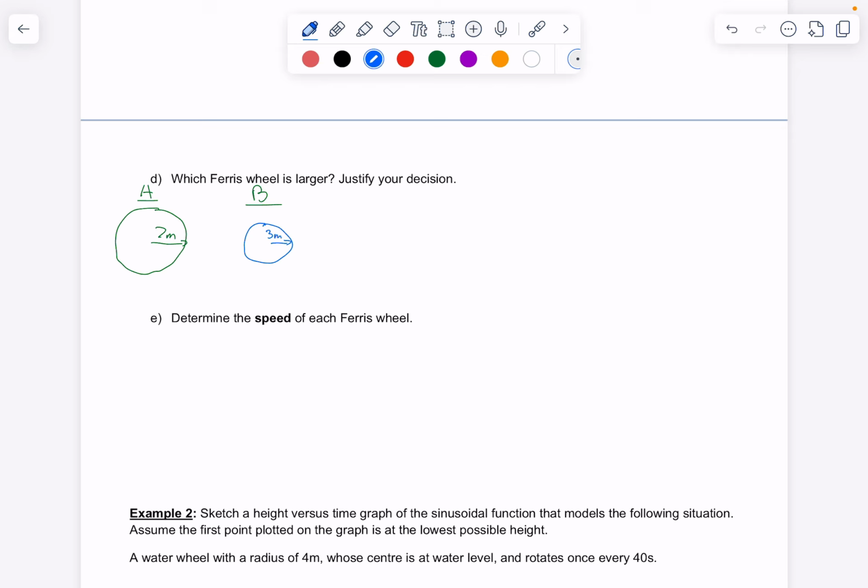Well, Ferris wheel A is larger. It has a greater amplitude. Okay, just to see this comparison, amplitude, which is your radius, i.e. radius.